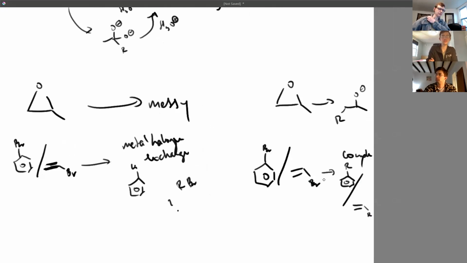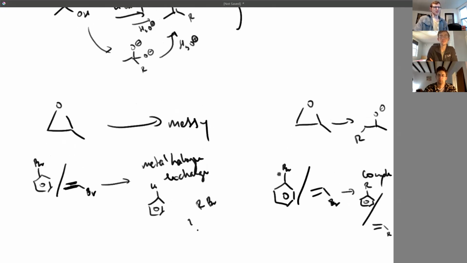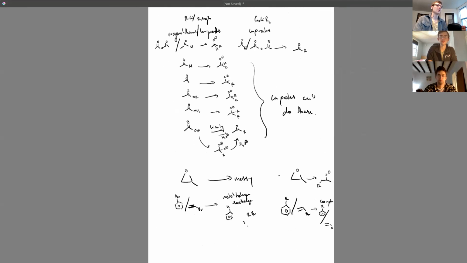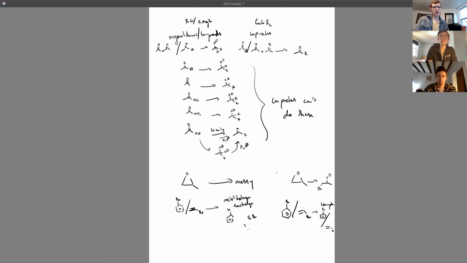I think that's all of the difference. Cuprates can also act somewhat as SN2 reagents. You can just use them to do SN2 kind of. But that also in part goes by this. Sometimes it's coupling instead of SN2 or something. It's kind of complicated.